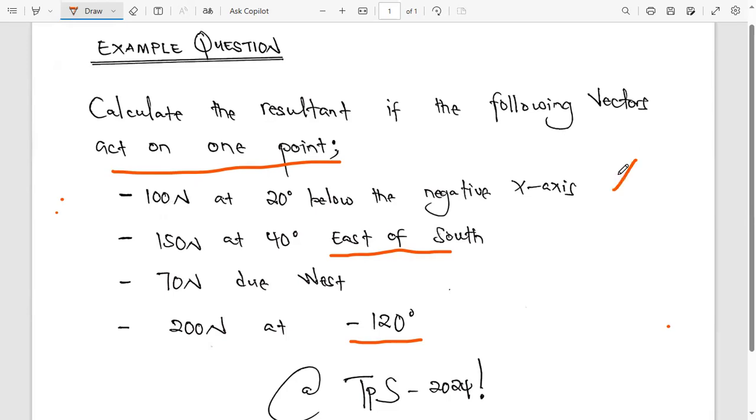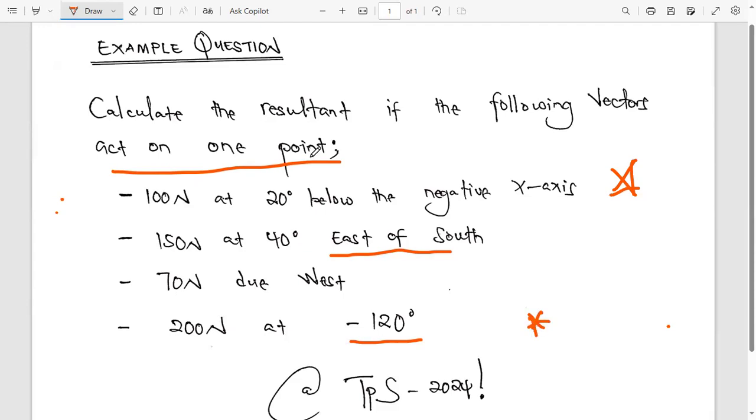I think I didn't teach this terminology, but I'll explain it in the question. And then we have 150 newtons at 40 degrees east of south. We know how to manipulate that, right? And then we have 70 newtons due west. And then we have 200 newtons at minus 120. Even this one, I didn't teach it, but I'll explain it.